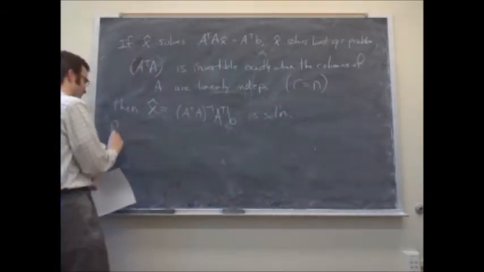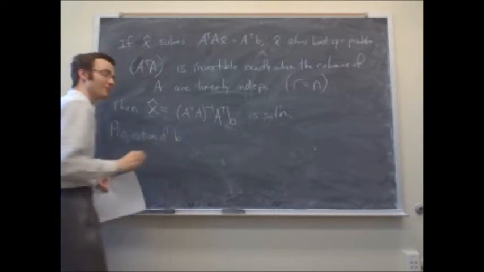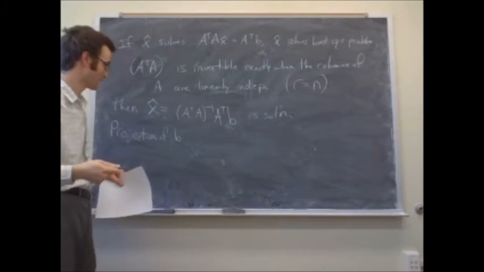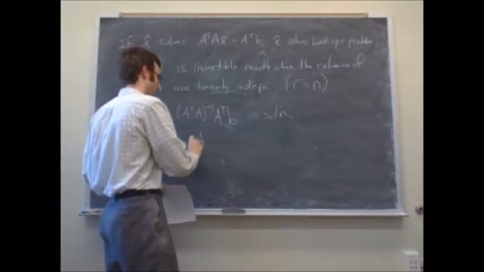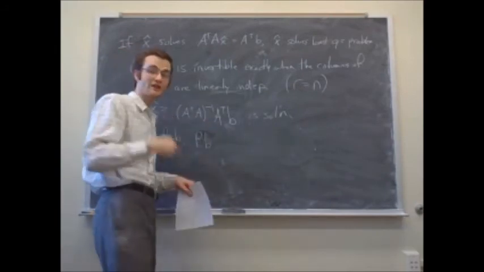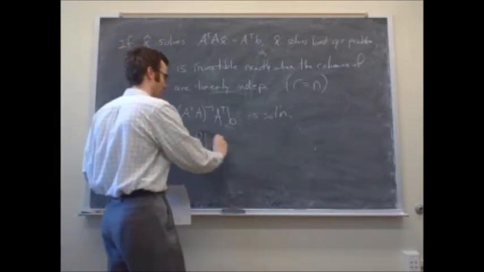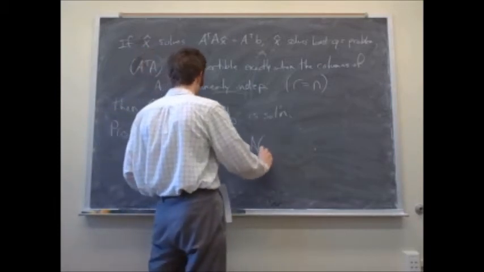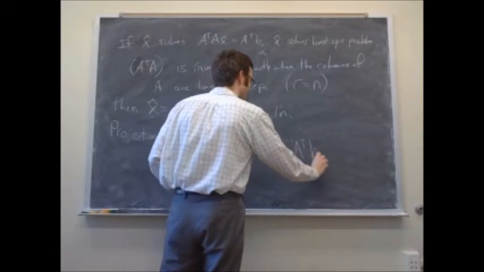So the projection of B, remember, A x hat was supposed to be the projection of B. And so the projection of B onto the column space of A is equal to A times x hat, or A times A transpose A inverse A transpose B.